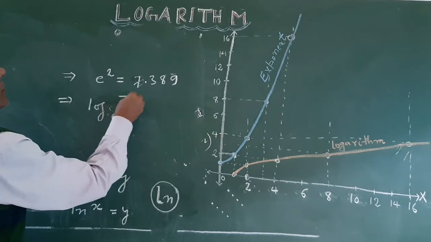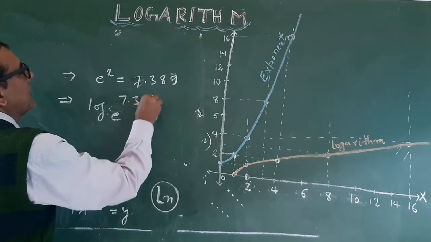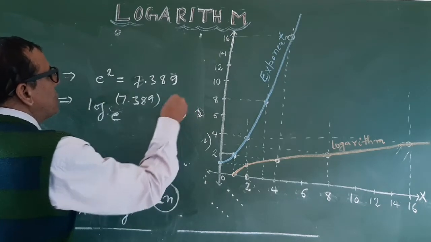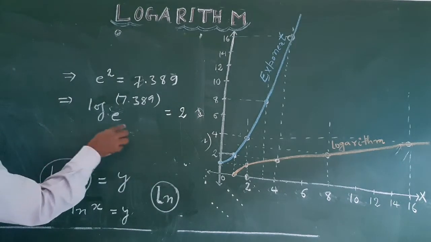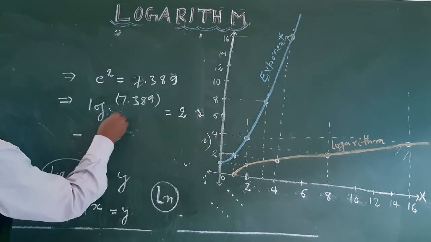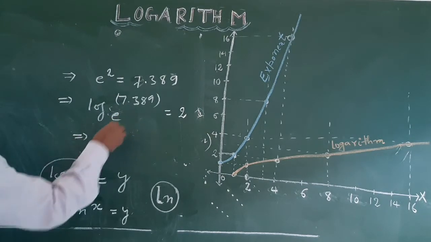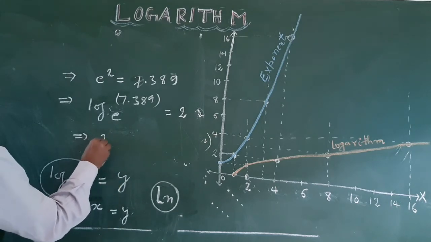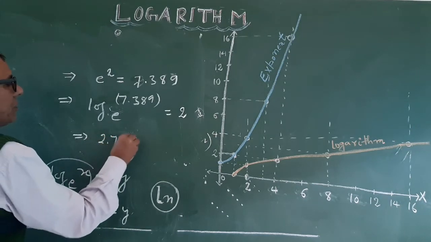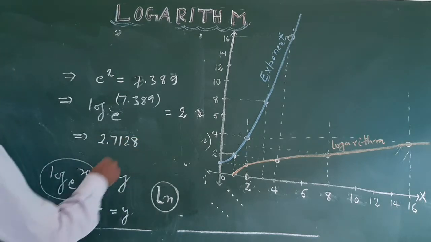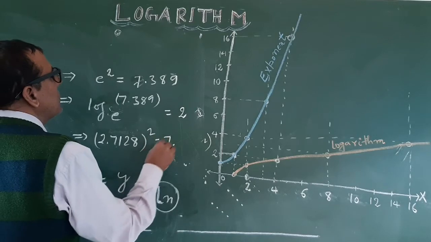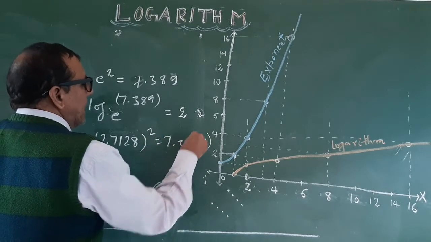Log 7.389 equals to 2. Or when we put the value of e, what do we write here? That is 2.7128 whole to the power 2 equals to 7.389.